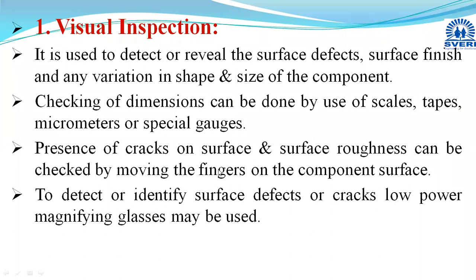And this visual inspection can be conducted with the help of some instruments. For checking the dimensions of the component, suppose I want to check its shape and size, then I will simply check its dimensions. For checking the dimensions, we can use different kinds of scales, different tapes, micrometers, or vernier calipers. Simply we can check with the help of different special gauges.